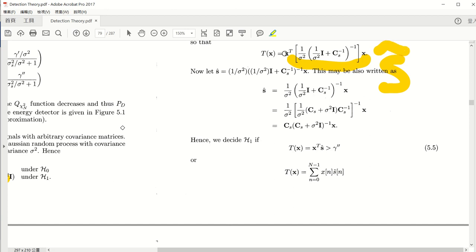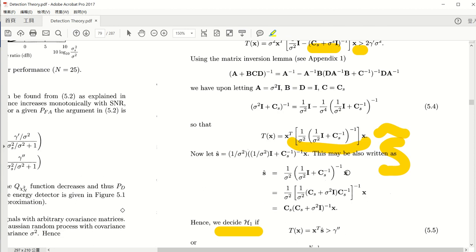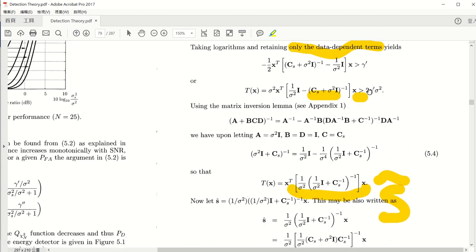As a result, it becomes x transpose multiplied by S hat. So we'll decide H1 if x transpose multiplied by S hat is larger than gamma double prime. The reason for gamma double prime is that we just have a new threshold.